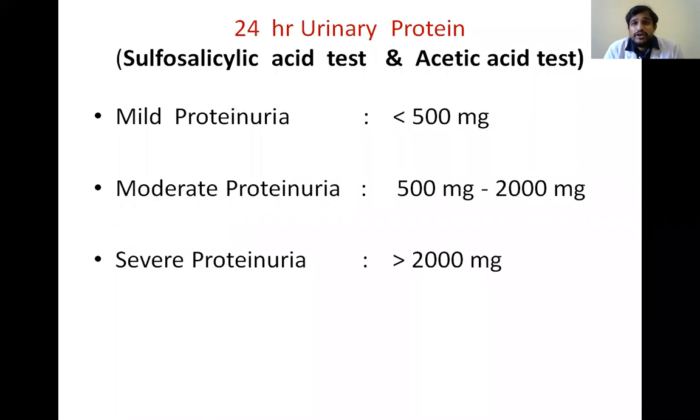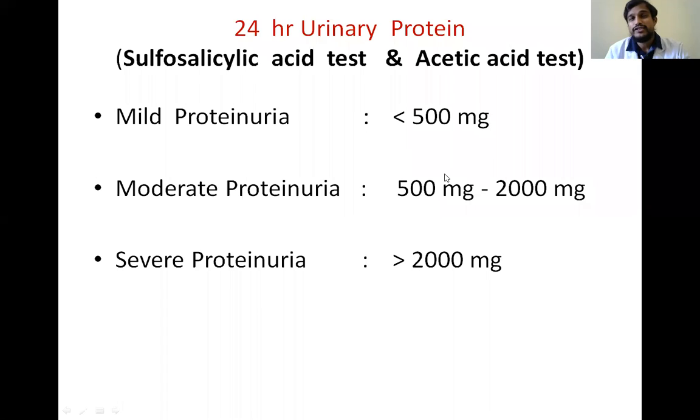So by 24-hour urinary protein, we'll categorize the proteinuria as mild, moderate, or severe depending upon the protein excreted, whether it is less than 500 milligrams, or between 500 to 2000 milligrams, or greater than 2000 milligrams, or 2 grams per day. That means 24-hour urine means per day.